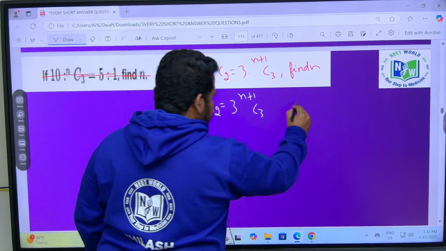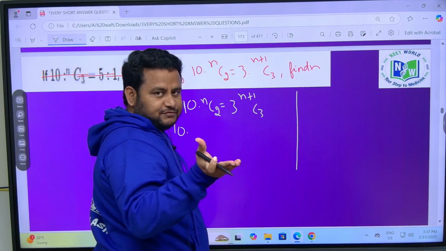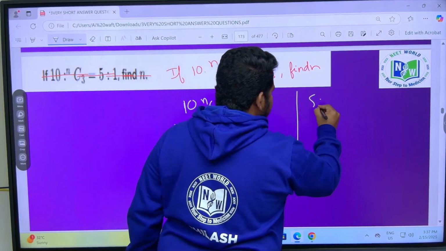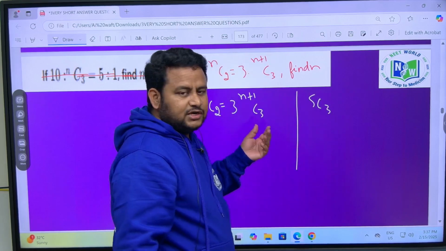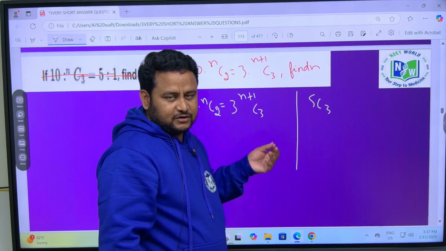Before this, I'd like to tell you something here. Suppose they give you 5C3. At this time, no need to use n factorial into n minus r factorial into r factorial.